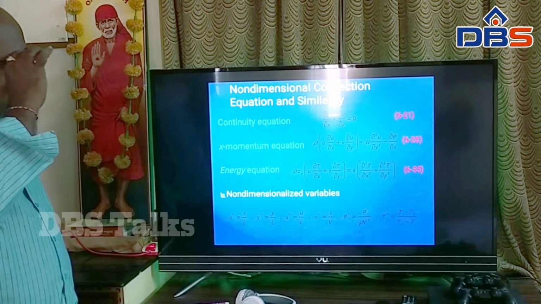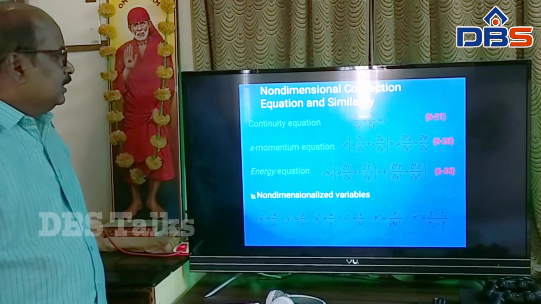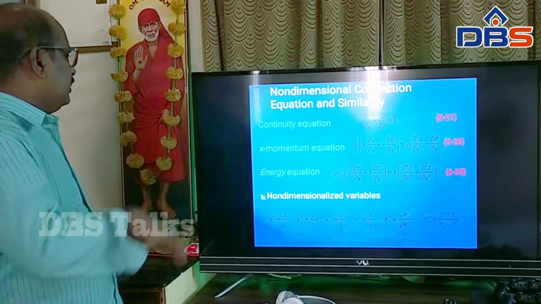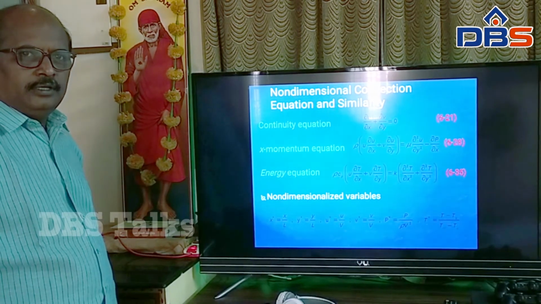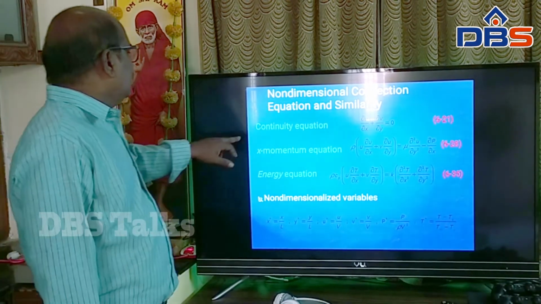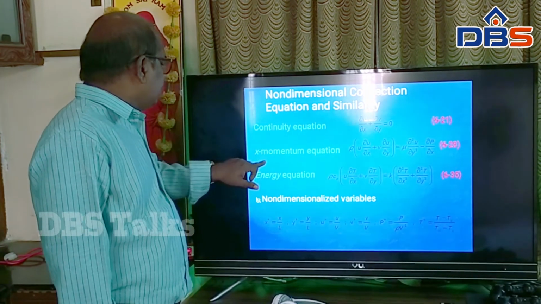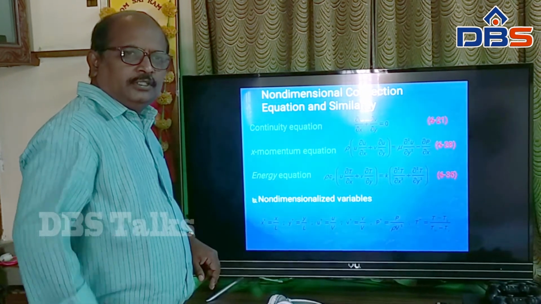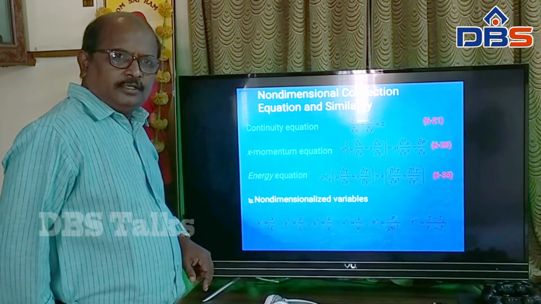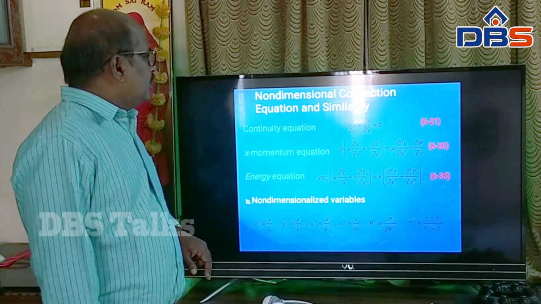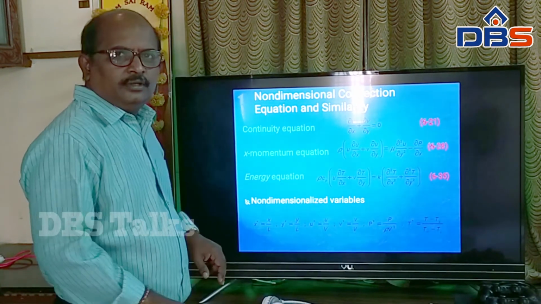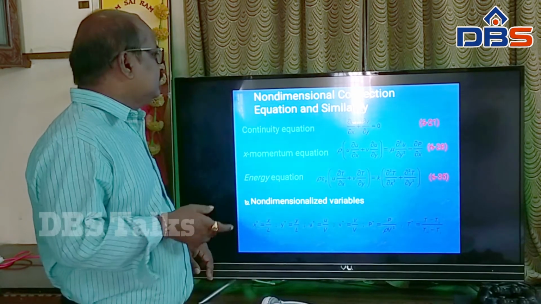Since it is a fluid flow, the fluid flow is governed by a few differential equations: the continuity equation, the momentum equation and the energy equation. We take a small element of dx, dy and dz.